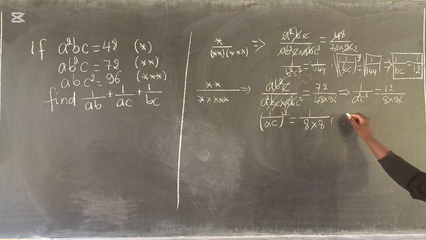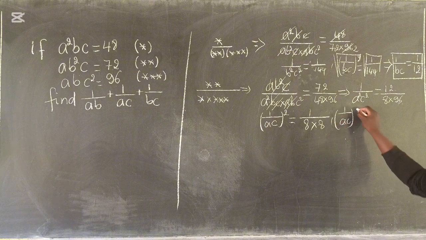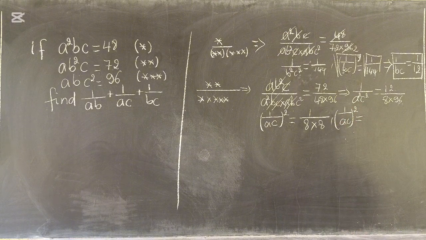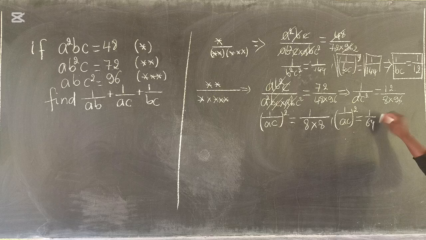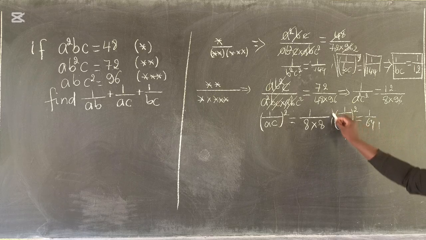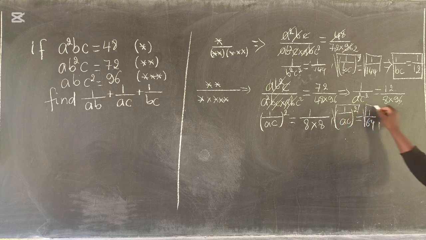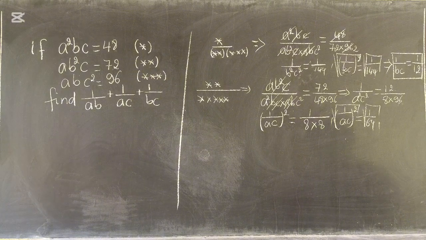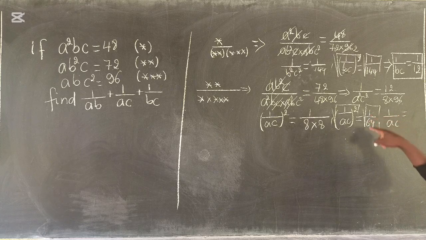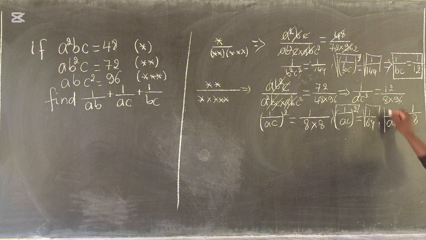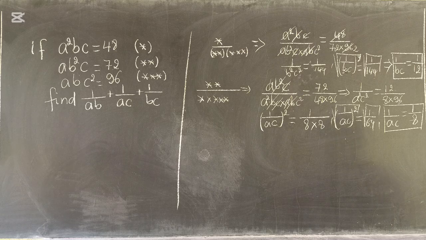Here is 1 over (AC) squared, which is the reciprocal of 64. Taking the square root here and here, you have 1 over a times c. The square root of 1 is 1, the square root of 64 is 8. This means the reciprocal of AC is equal to the reciprocal of 8.